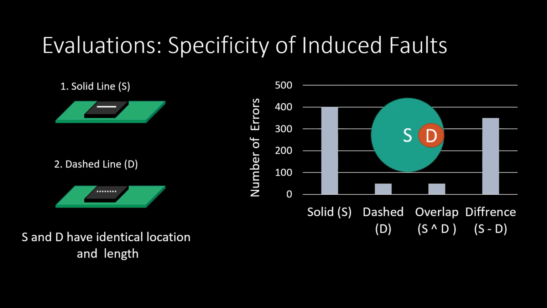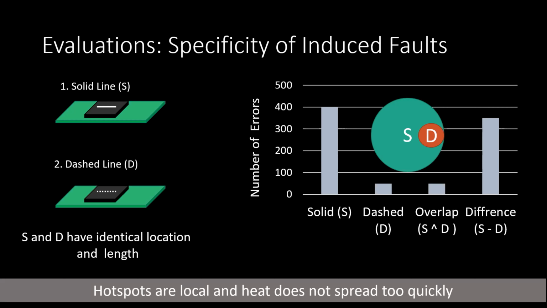This was important to study because one of the things we thought is maybe heat diffuses. When you are drawing the dashed line, there are gaps between two dashes, and if heat diffuses quickly, then we should have seen a similar number of errors, or some errors present in the solid line but not present in the dashed line, right?